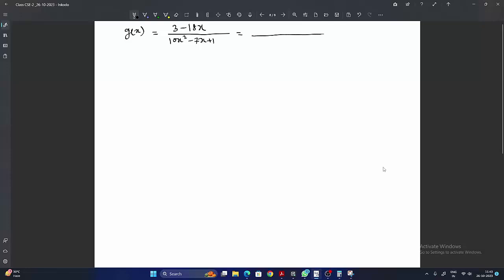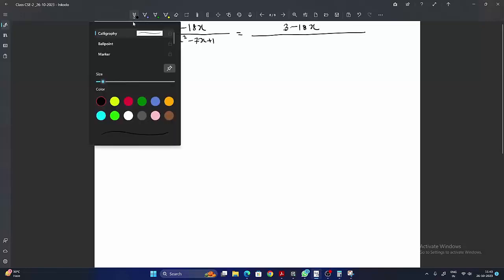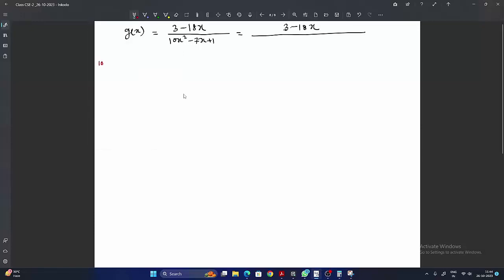So first factorize it. It will be 3 minus 18x. Then after the factorization, what you will get, 10x squared minus 7x: 7 means 5 plus 2, so 10x squared minus 5x minus 2x plus 1, or if you take 5x common, it will be 2x minus 1, and minus 1 means 2x minus 1.